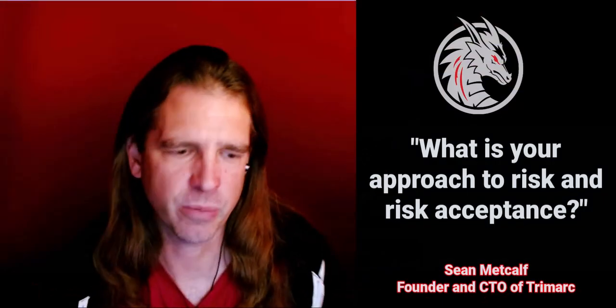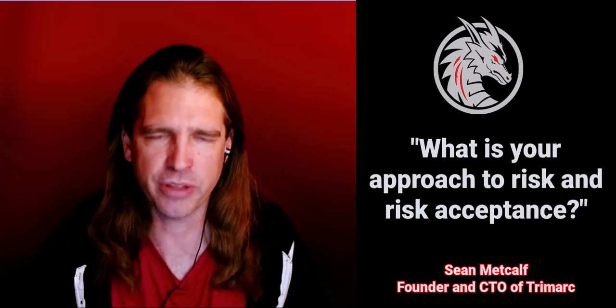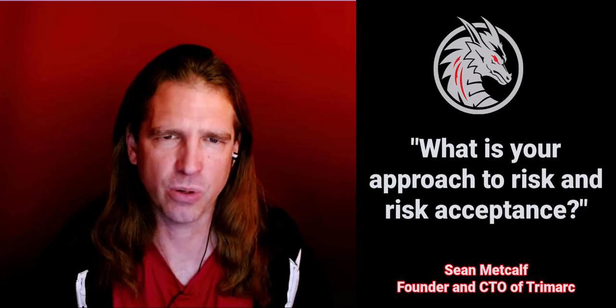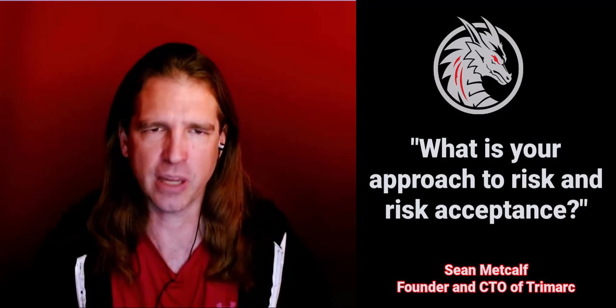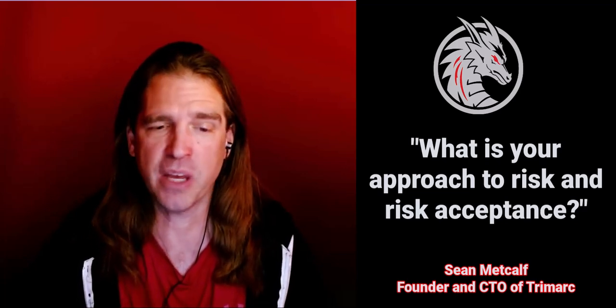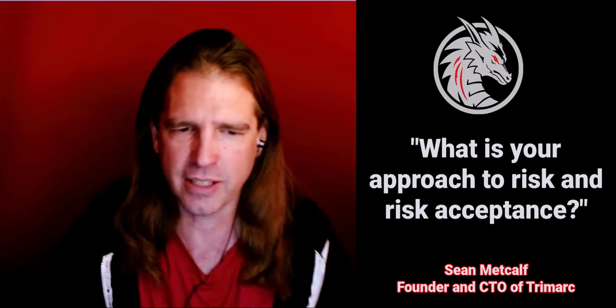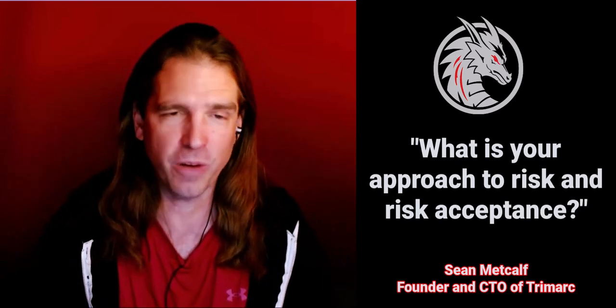My approach to risk and risk acceptance comes down to identifying and measuring what the risk is. So, for example, if we have a risk that we're looking at, which is, say, an agent that we want to put on our domain controllers, and this agent needs to be on DCs, or at least we identify that it needs to be on DCs. Maybe it's a security software agent.